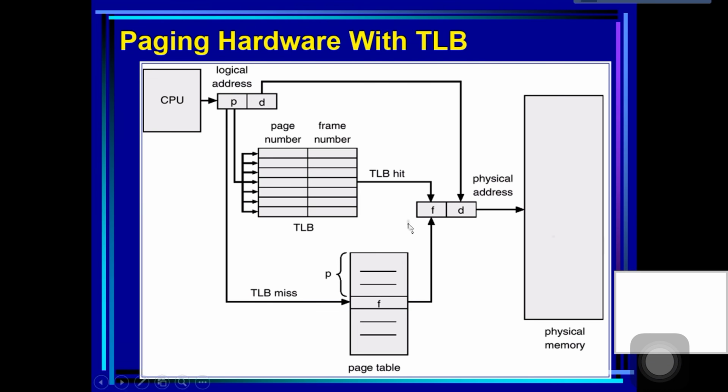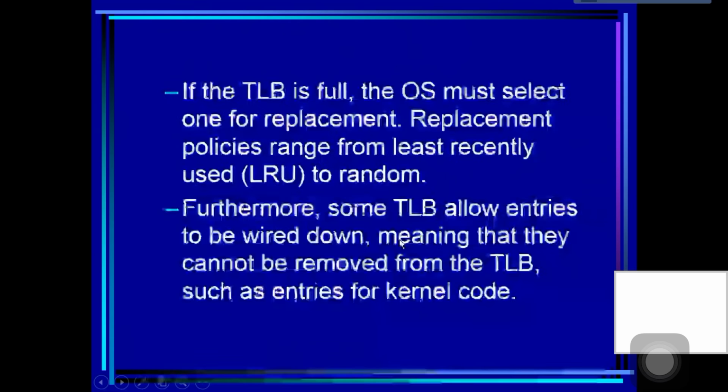Here, because when TLB miss happens, the hardware has to reload this item into the TLB, there is a problem. If at this time the TLB is full, the operating system must select one for replacement.